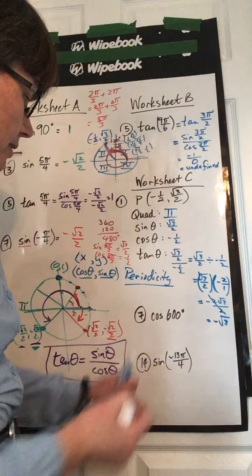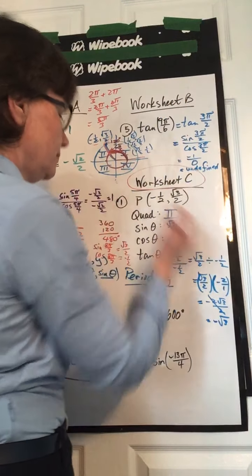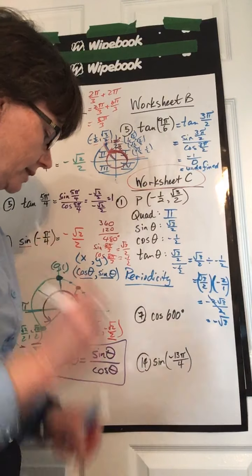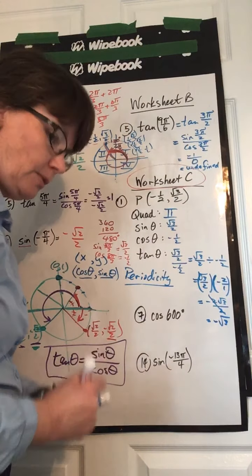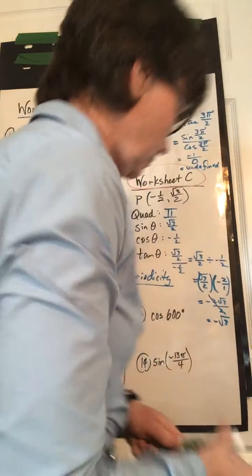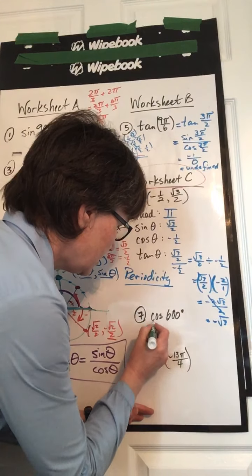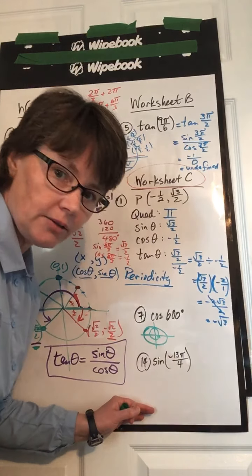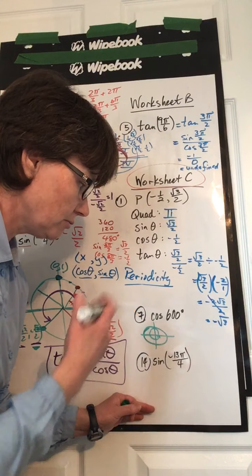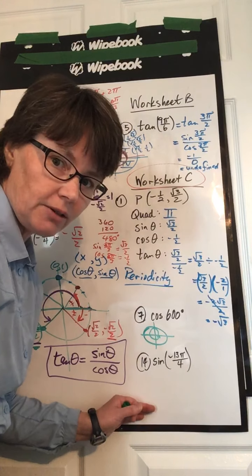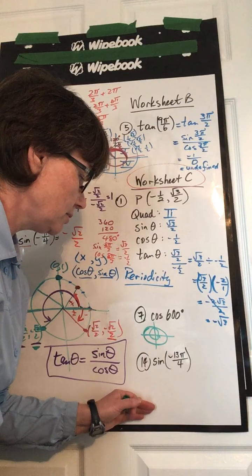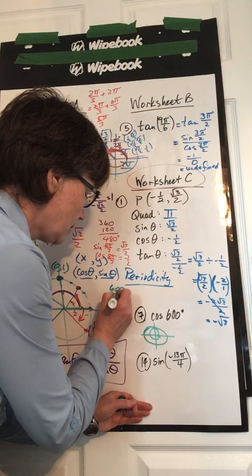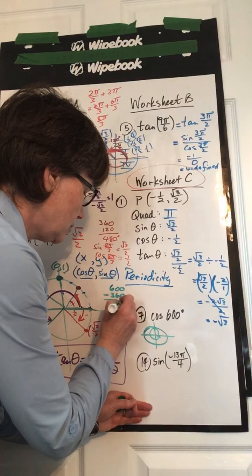All right, so let's go down here. In worksheet C, number 7, cosine of 600 degrees. We have to figure out where 600 degrees is. There's the unit circle. One full rotation will be 360 degrees. Another full rotation would be 720, so we're not going that far. But how much further are we going? 600 subtract 360 is 240.